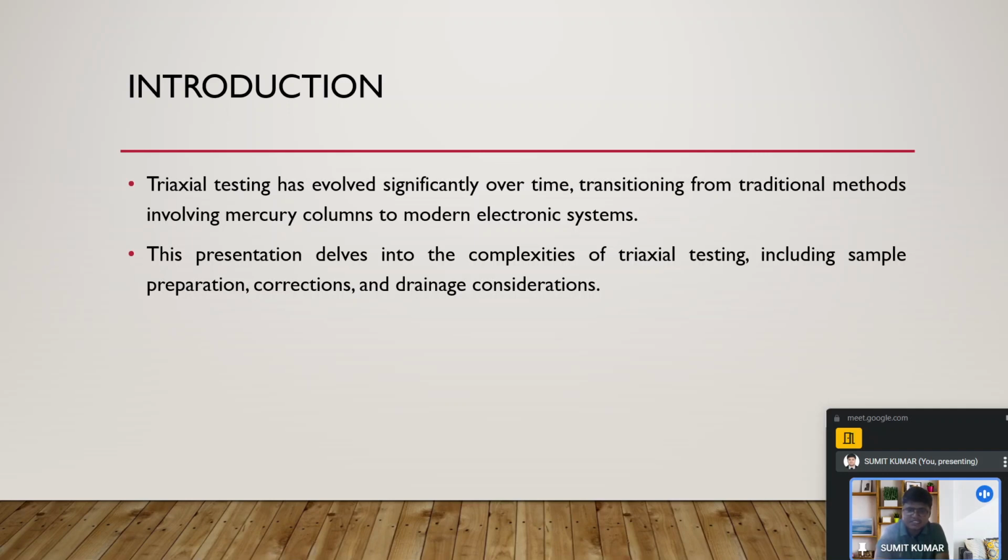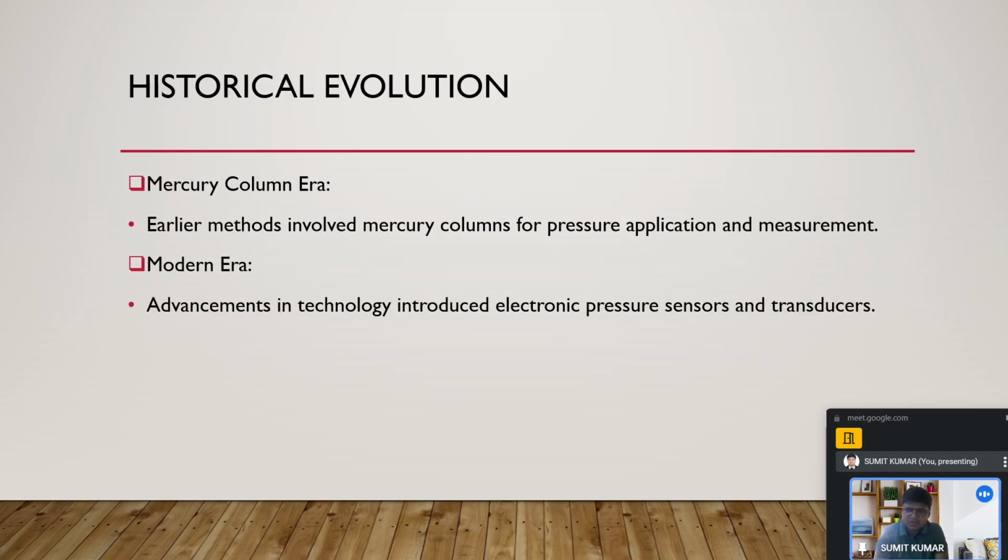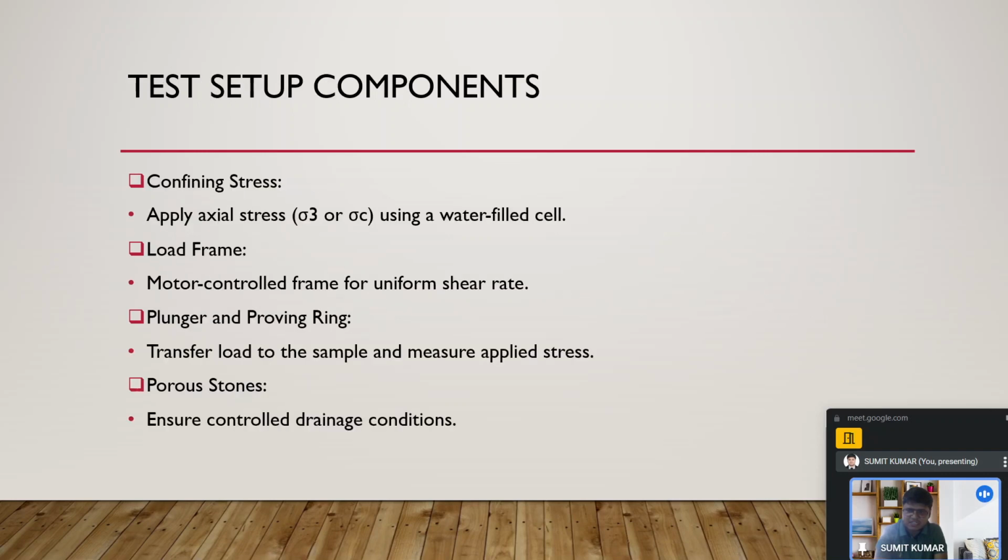In this presentation, the complexities of triaxial testing, including sample preparation, corrections, and drainage considerations, are taken up. Earlier we used those mercury systems, so this is not significant as of now. Modern techniques, such as different electronic pressure sensors, have been developed, with the help of which we are calculating the value.